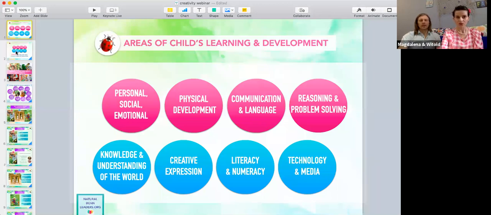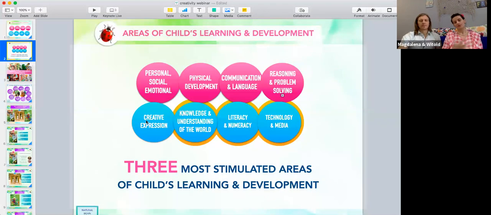But the situation right now, and for the last, I would say 100 years even, is that there's only 3 areas of child development that receive the biggest attention from the educational system. It's about knowledge and understanding of the world. These are prioritized from the early years. So we see that in all the academic learning and memorizing facts and knowledge.